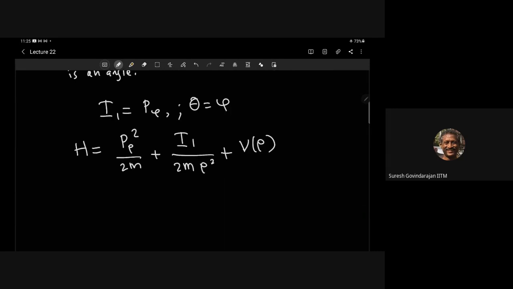So now what has happened is that this we will call V effective of rho. So we have an effective 1D problem, but what is the range of rho? Right, the domain, what are the values rho can take?